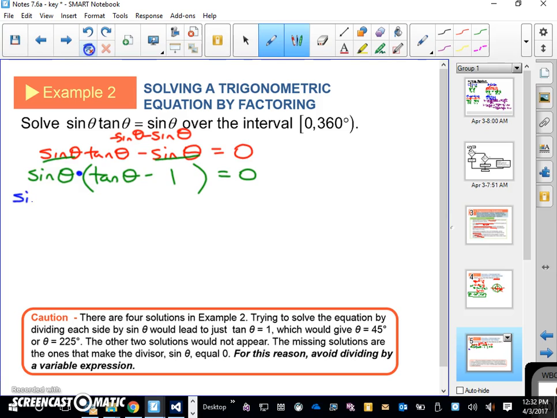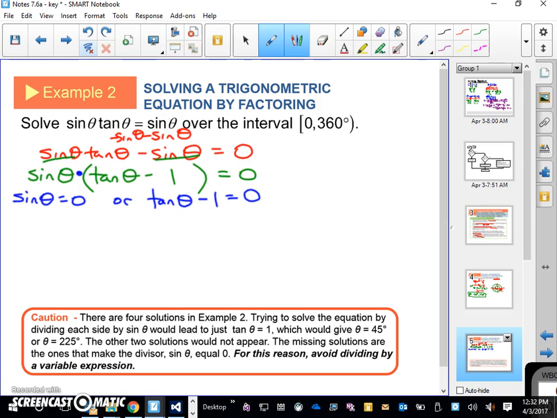We split this up and either sine theta equals 0 or tangent theta minus 1 equals 0. At this point, we've transformed an equation with more than one variable part down into a couple of equations with just one variable term, and we should be able to isolate either one of those two pieces.